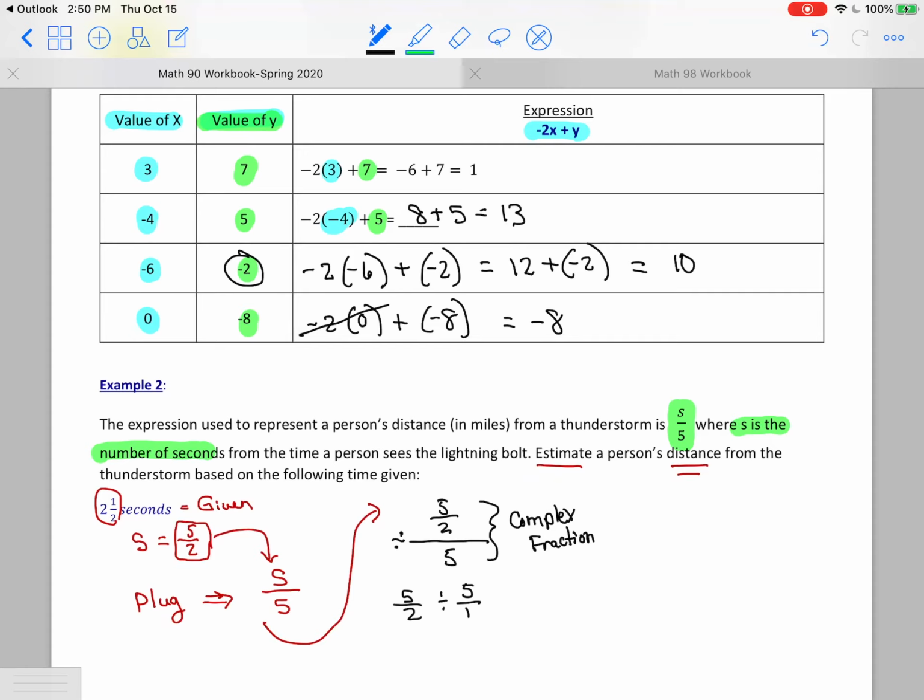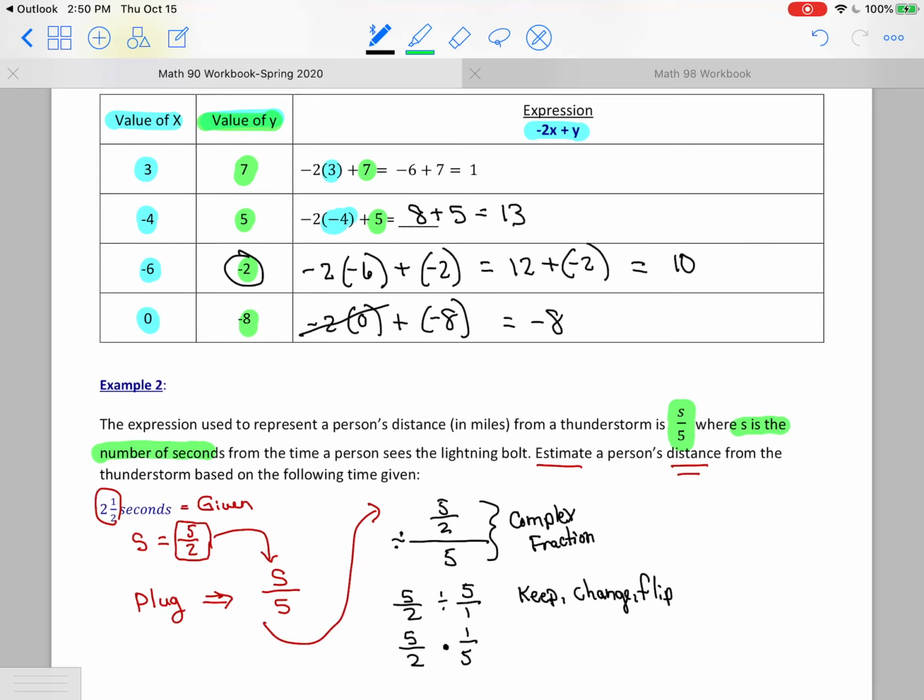And then we just remember our division rules. For division of fractions, we keep, change, and flip. So we're going to keep the first fraction, change the division to multiplication, and flip that second fraction over.